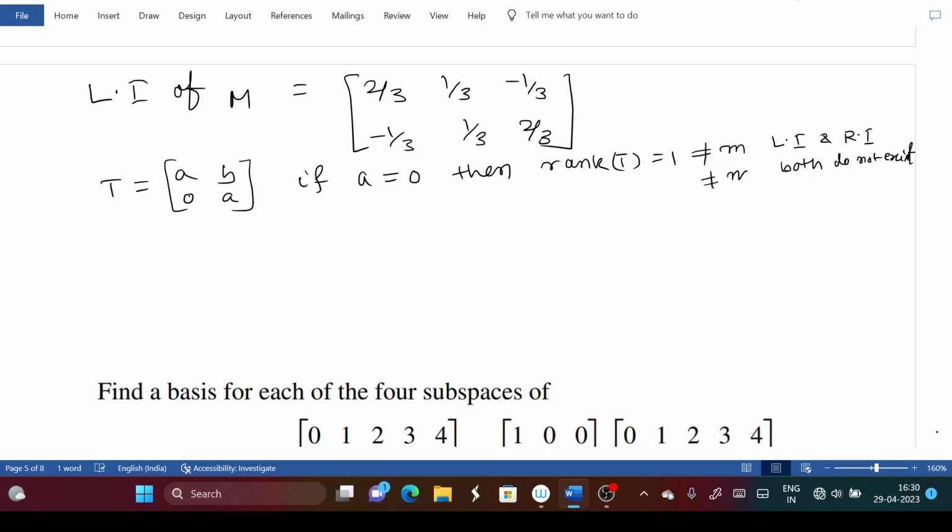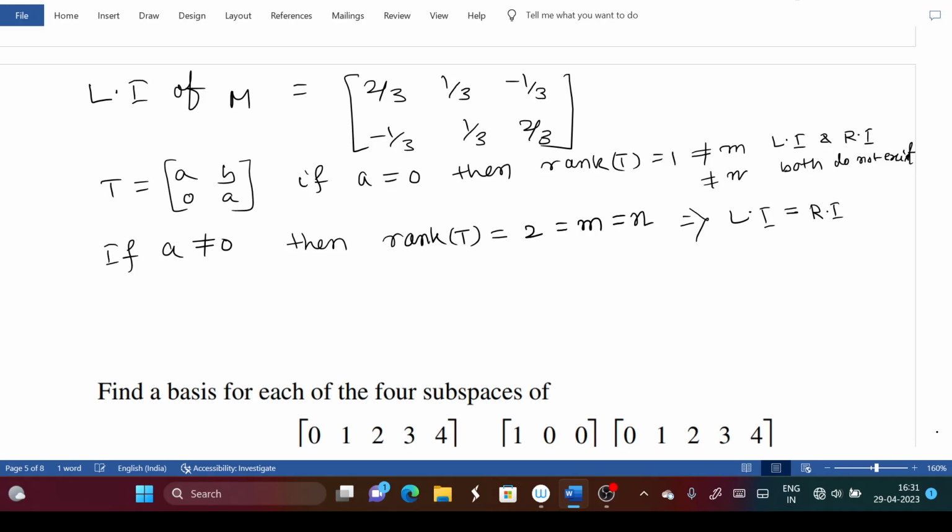But if A is not equal to 0, then rank of T is equal to 2, which is equal to M is equal to N, which implies left inverse is equal to right inverse is equal to inverse, and they exist.